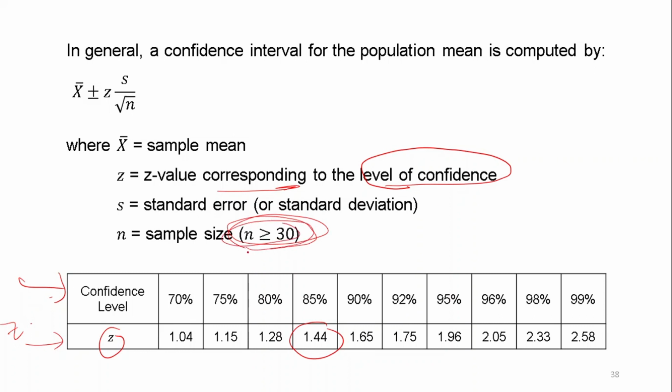If n is greater than or equal to 30, you can use the Z distribution. But if n is less than 30, you need to use another distribution. You cannot use the Z distribution. Later we will see what happens if n is less than 30. For the Z distribution, your sample size should be n greater than or equal to 30.